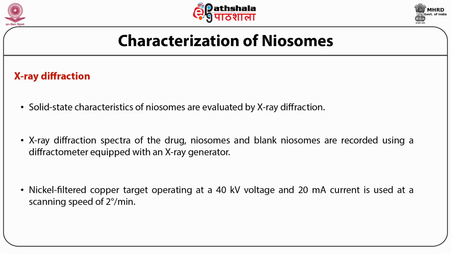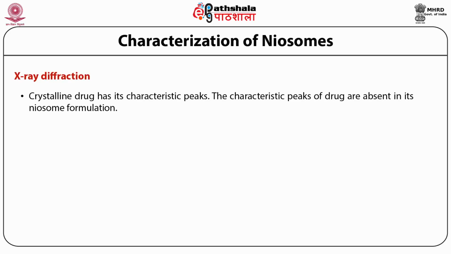Nickel-filtered copper target operating at a 40 kV voltage and 20 mA current is used at a scanning speed of 2 degrees per minute. Usually, crystalline drugs have characteristic peaks. The characteristic peaks of a drug are absent in its neosome formulation.